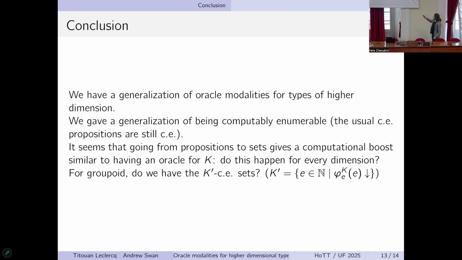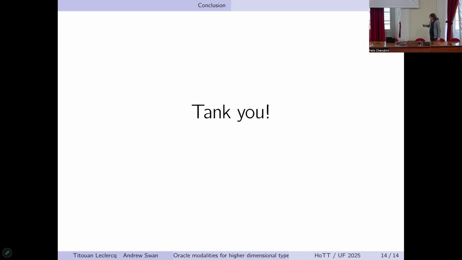Also, we have CE for propositions, KCE for sets. So maybe for groupoids, the described sets would be some K-prime CE, which would be like the natural generalization of taking the halting set, but we are not sure, and it doesn't seem obvious. So yeah, I forgot the H. Anyway.